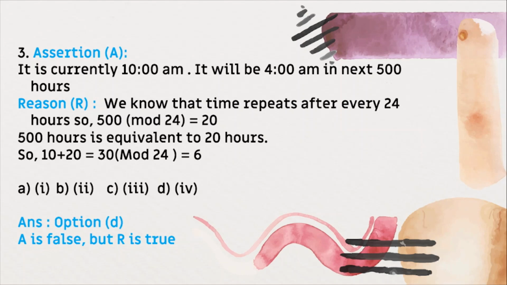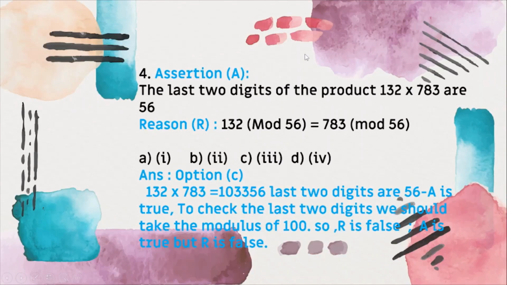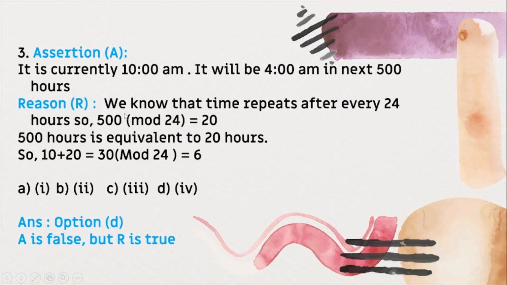So this 500 mod 24, because one day has 24 hours, it is repeating after each 24 hours. So I am taking the modulus of 24 with this 500. 500 mod 24 is 20. That means the remainder is 20. Current time given in the assertion is 10 a.m. So 10 plus 20, I am getting total 30 hours.